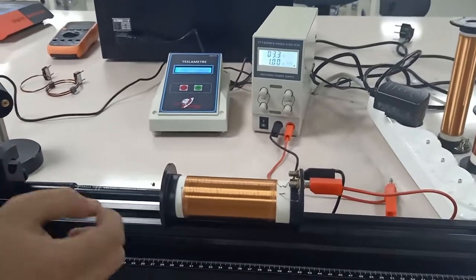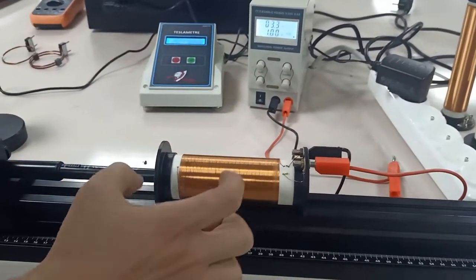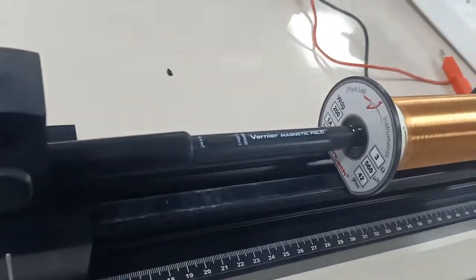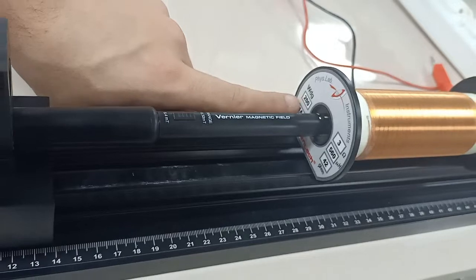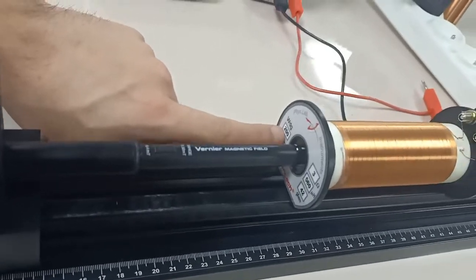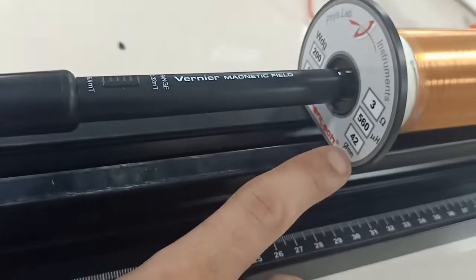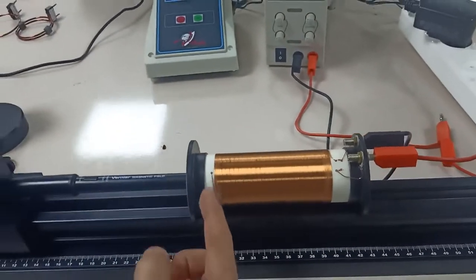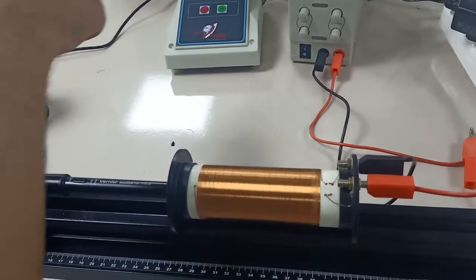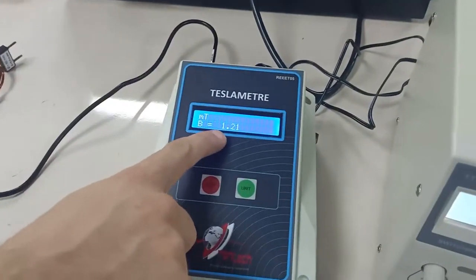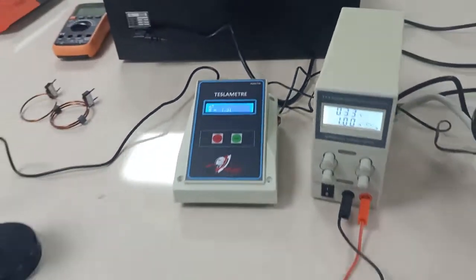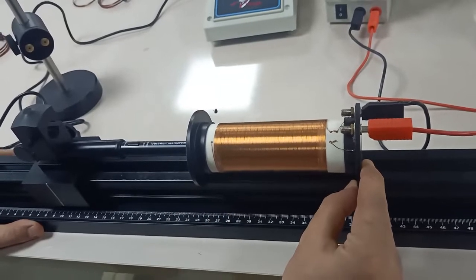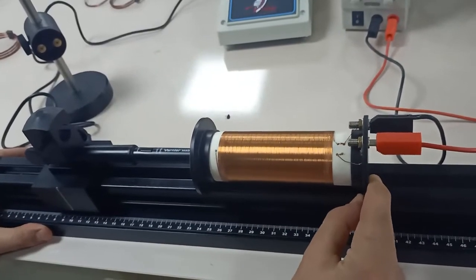Now the coil is twice longer and also has twice the winding number. It has 200 windings, and again a diameter of 42 millimeters. At the very beginning of the coil, the magnetic field value is measured as 1.21, and now I am setting the tip at the middle.